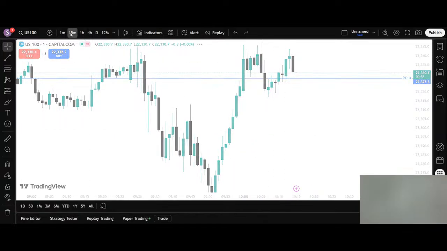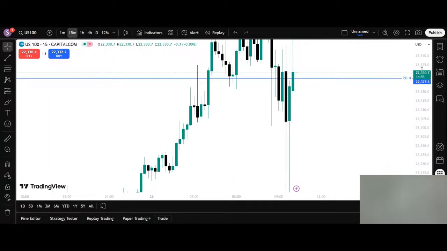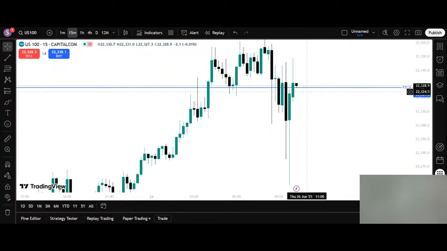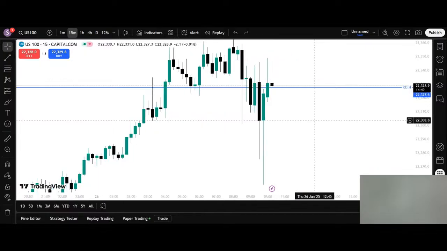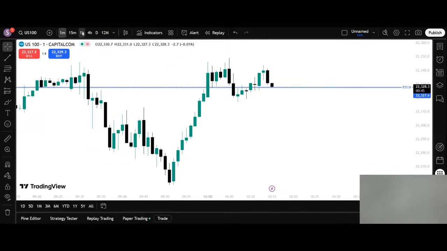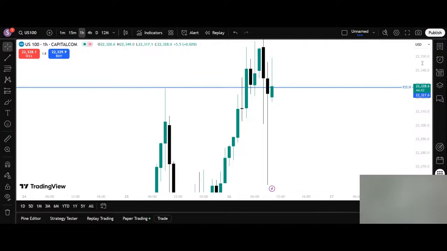Okay, the 15-minute candle has ended now. It gave kind of a bullish close. Let's just wait for a good entry.